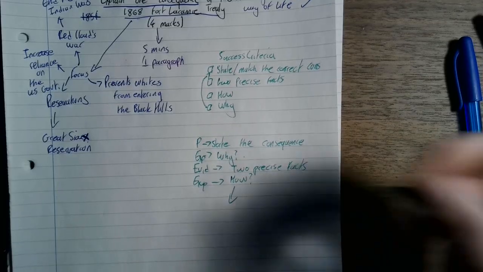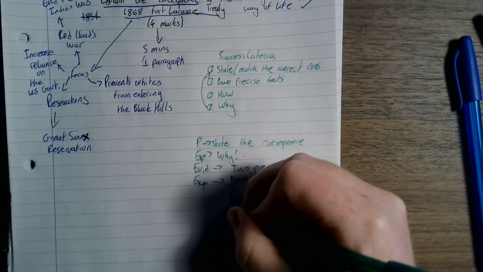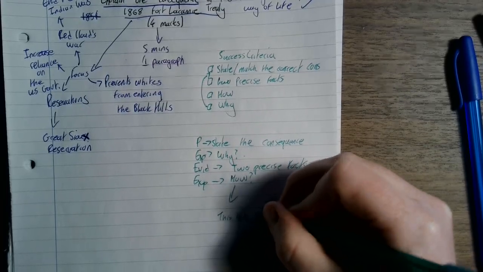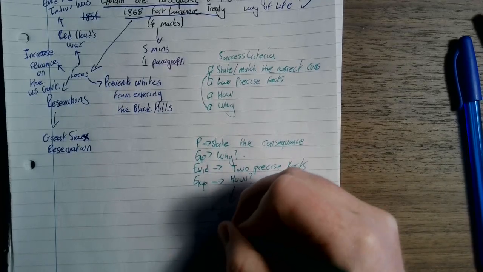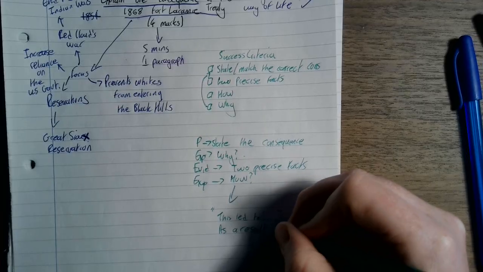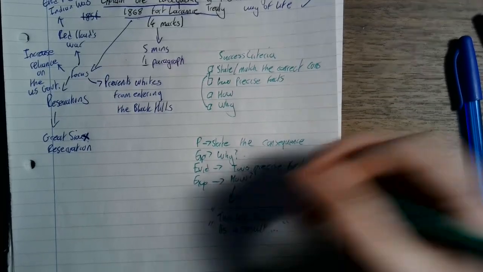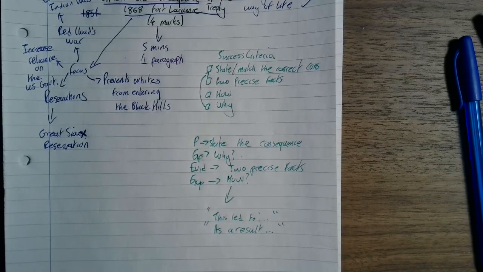And when you're explaining how, it doesn't need to be multiple layers of explanation. You could just simply use phrases like this led to, all right, it's really, really easy, or as a result. You don't necessarily need reams of explanation here. Basically this paragraph is maybe 4 or 5 sentences.